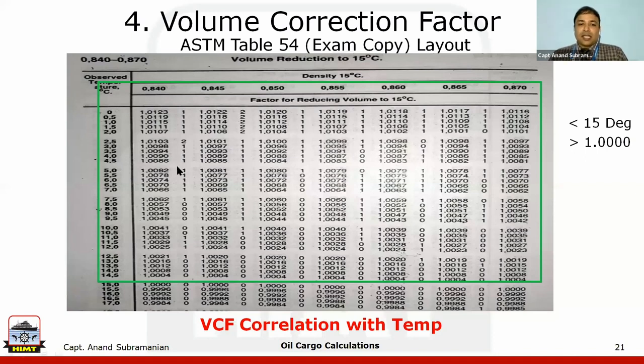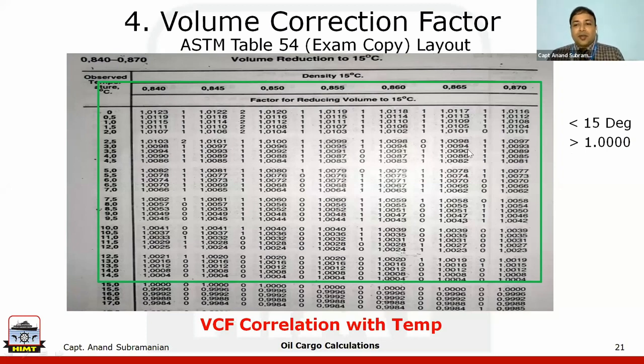If the oil has to expand, we have to multiply by a factor which is more than 1. That is the reason why for a temperature less than 15, the factor is always more than 1. Clear? So even if by mistake, in the heat of the moment, with confusion, examination stress or onboard time pressure, you put 0 point something, less than 1, for a temperature less than 15, that itself tells you the factor is wrong.